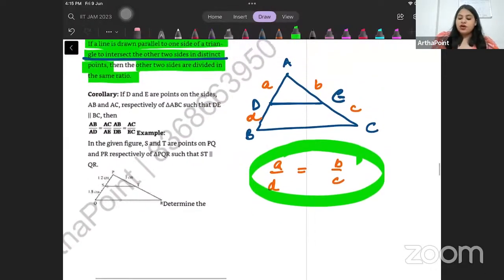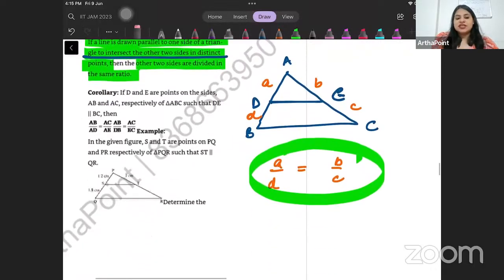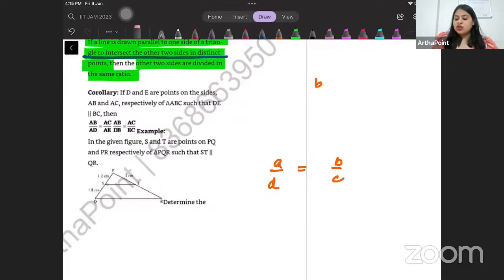We also have a corollary that we must be satisfying. If D and E are points on the sides AB and AC respectively of triangle ABC such that they divide the sides in the same ratio, then DE is parallel to BC. What does this mean, beta?